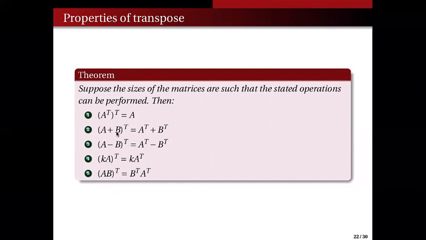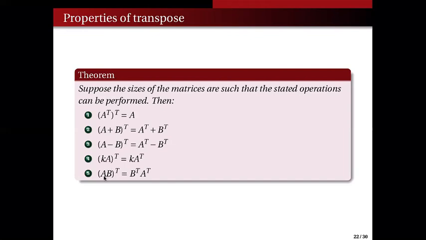If you add two matrices and take the transpose, it's equal to adding the transposes of your matrices. So you can distribute this transpose. Similarly, A minus B transpose is A transpose minus B transpose. If you have a scalar multiplied to matrix A and you take the transpose, it's the same as multiplying the scalar to A transpose. So k is not affected by the transpose.